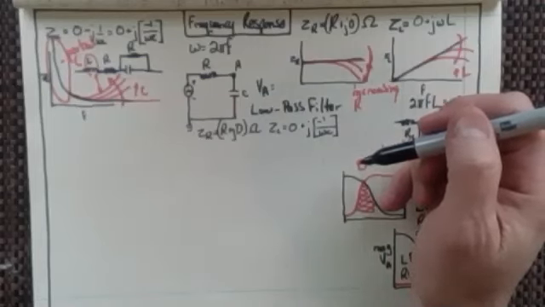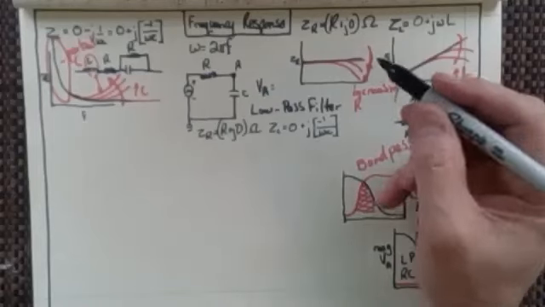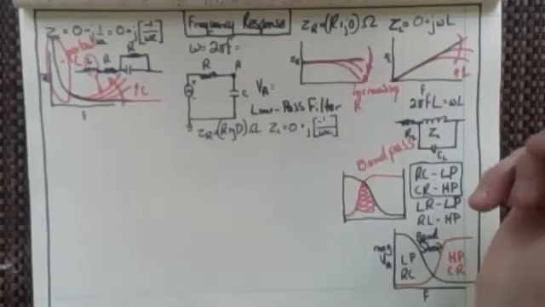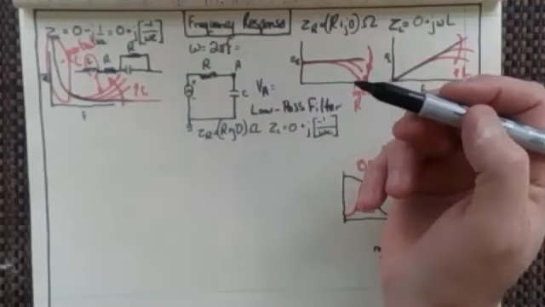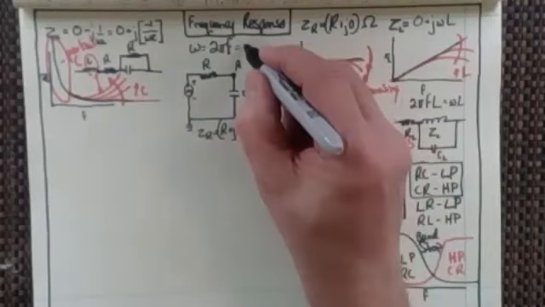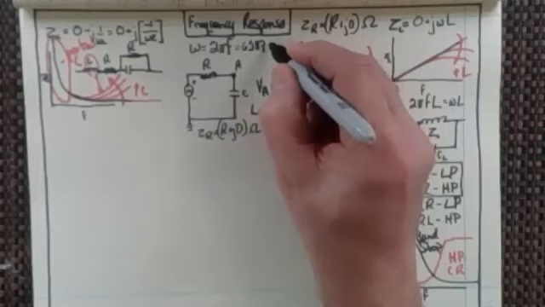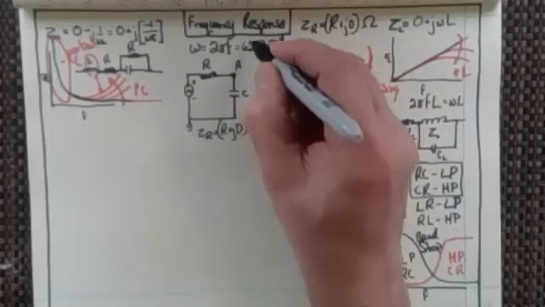That's a relatively low frequency. So from what we talked about earlier, if I have 1,000 hertz and 2 pi f radians per second, that's going to be 6,283 radians per second, right?